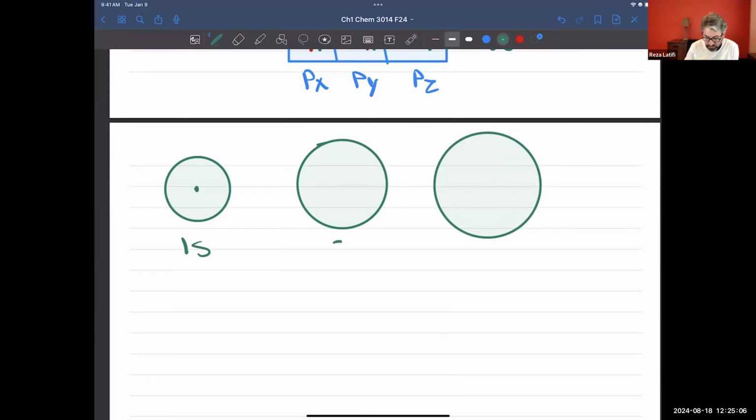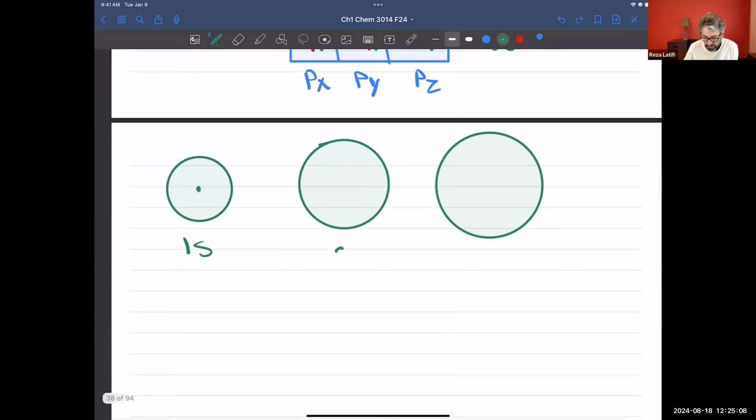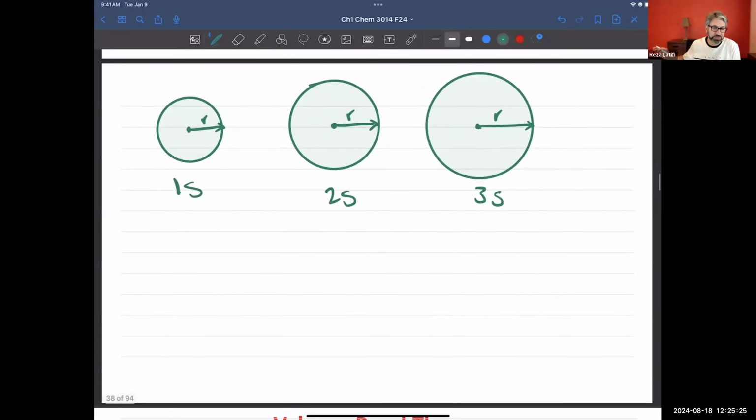So as we get far from the nucleus, the size of the orbital will be bigger. And those represent the radius of the orbital. Okay. So size of the orbital gets bigger as we move far from the nucleus.